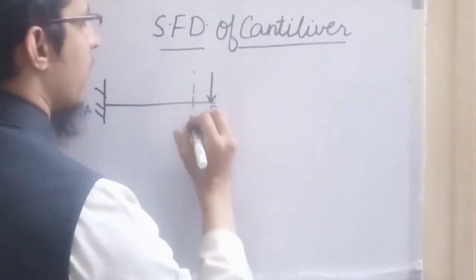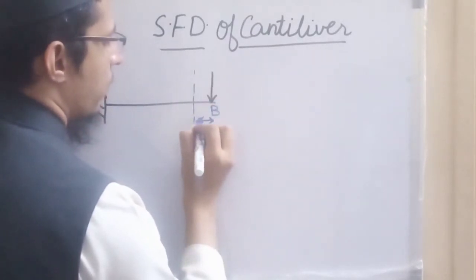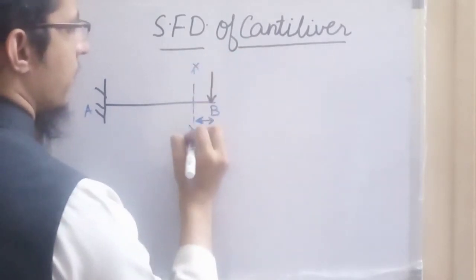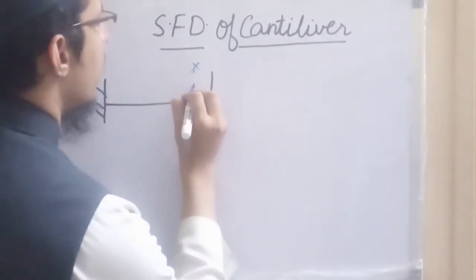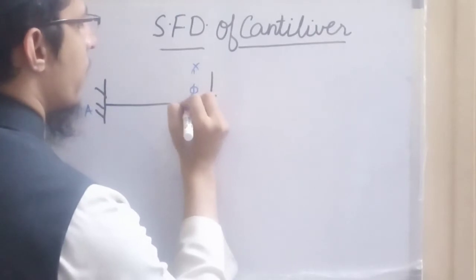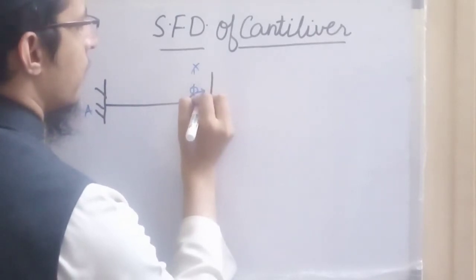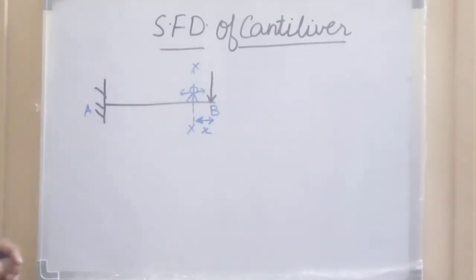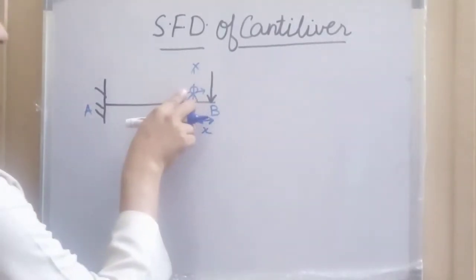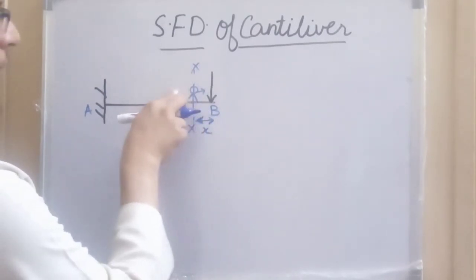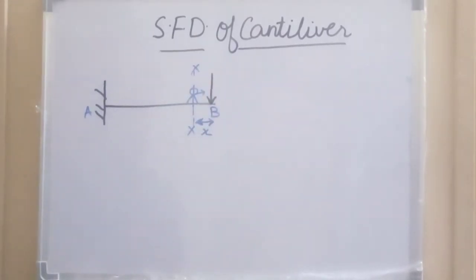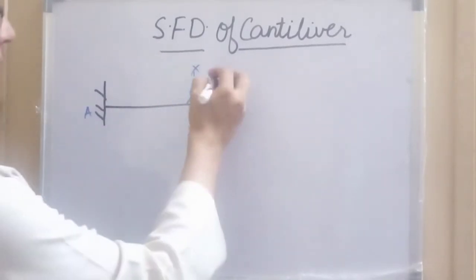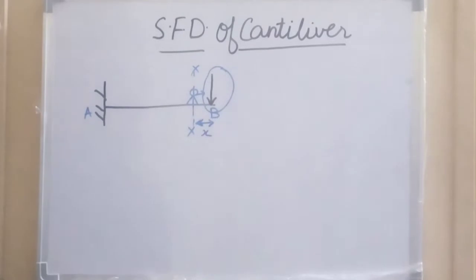This is the section XX at a distance x from the end B or free end. So we are standing here with both hands straight. This is our left hand, this is our right hand. On the right we don't know the forces, so it will be useless. So we have to concentrate only towards the left. When we look towards our left hand, only one vertical force is seen, that is this.